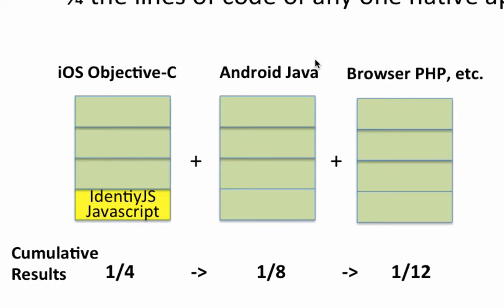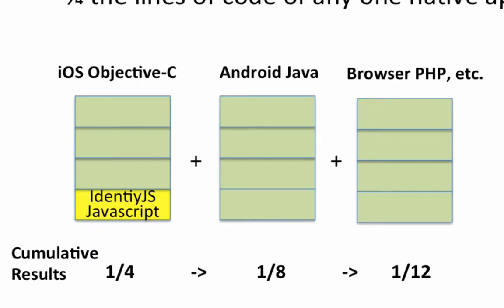Similarly, over on the Android side, the original version of IMOK was written in Java using all the standard Android tools, and it ironically was about the same size, about 38,000 lines of code. Of course, the difference here is that the file counts are totally different because there are no header files with the Java application. But when you counted lines of code, it was roughly the same, which I guess shouldn't be a surprise. And then similarly, over here with the browser, a combination of PHP, JavaScript, and everything else, again, about the same, about 36,000 lines of code.